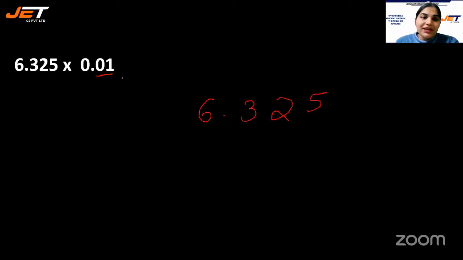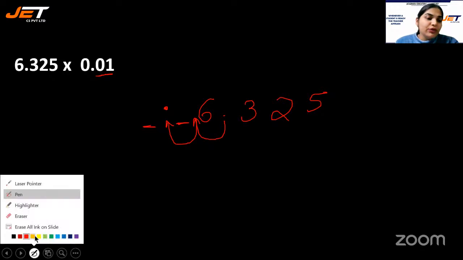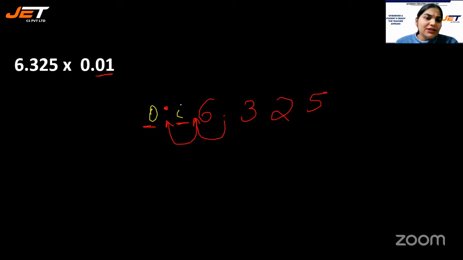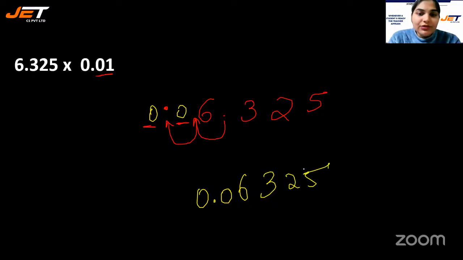You have to shift the decimal two places to the left. 1, 2. Point will be here. Now see, this is the vacant space, the empty space. What I'm going to do here is I'm simply going to put a 0. It will be 0.06325.